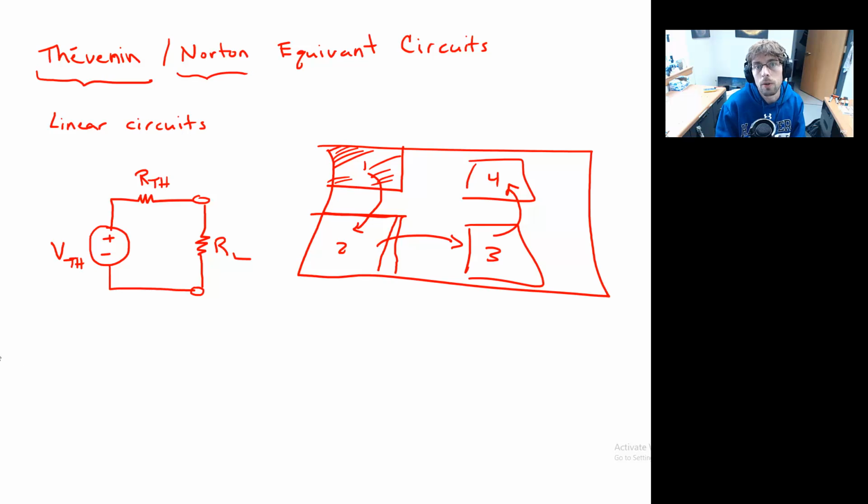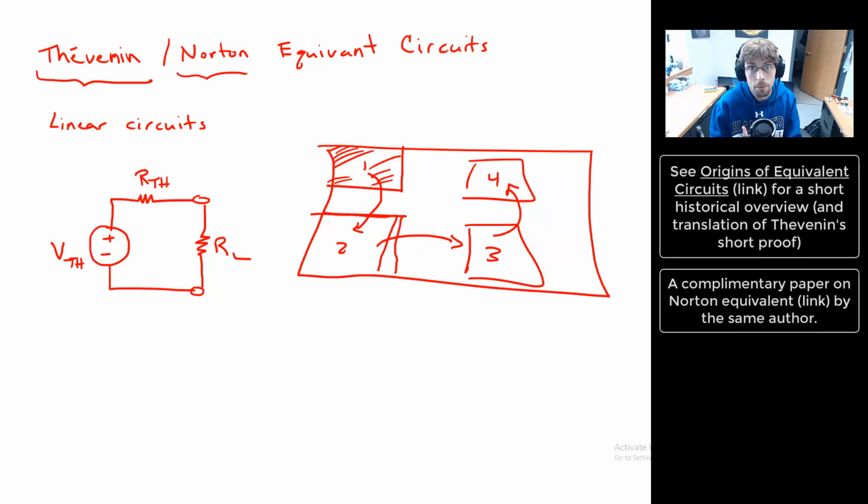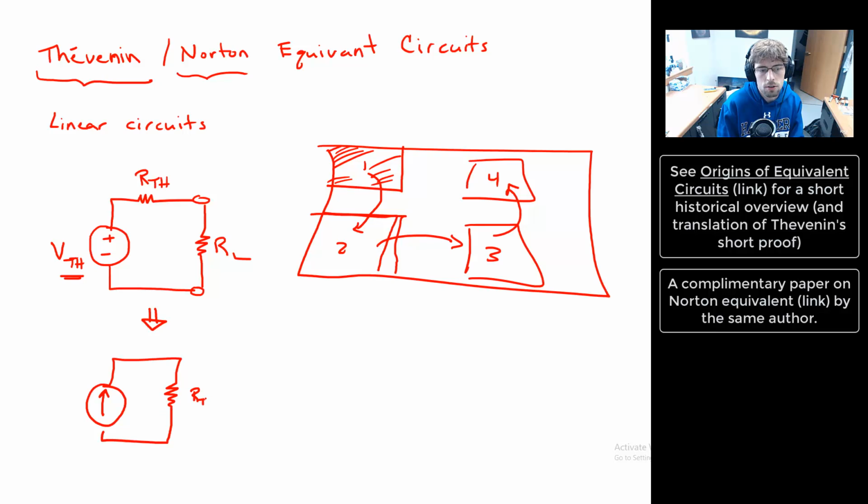Norton, and I would have to go and look at the history of the development of these two ideas, okay, so I'm not as well familiar with it. Norton has a similar idea, but using current sources instead of potential sources. That hopefully doesn't strike you as being too terribly odd, because if you take the Thevenin potential and the Thevenin resistance and perform a source transformation, you know that you can create a current supply in parallel with a resistor, RTH.